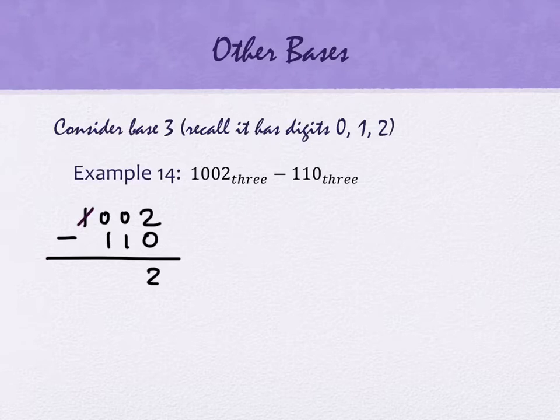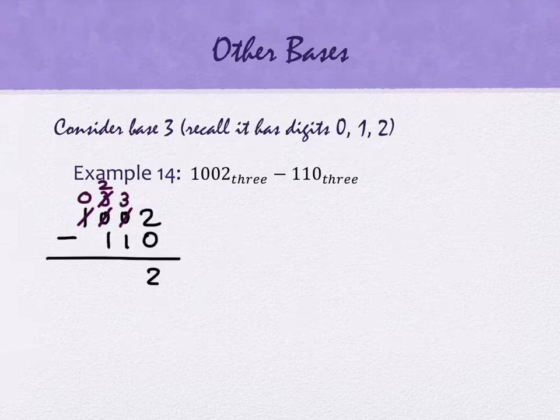And when I borrow, I borrow whatever the base is worth. So this system is base 3, so I will borrow 3. I decrease this by 1, so that's 0, but I borrow the 3. Then I have to borrow from that 3, making it a 2, and this 0 will become a 3 because I'm working in base 3, right?